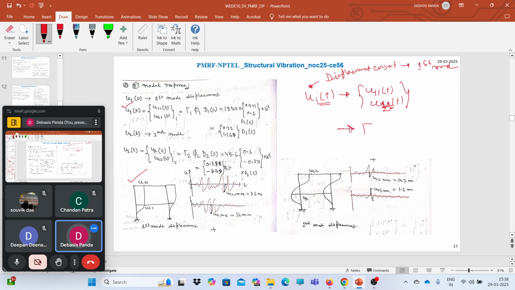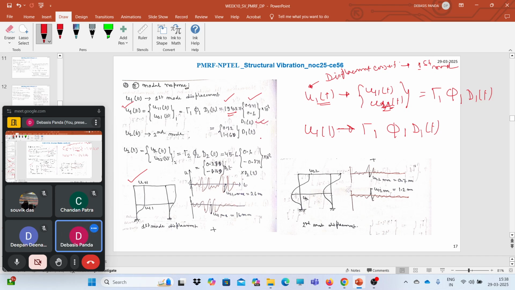What will that be? The participation factor multiplied by phi 1 into d1 of t. Because we already know that u1 of t is nothing but the participation factor for this particular mode into the mode shape into d1 of t, the response. Here we have the participation factor for the first mode, which comes as 194.2, we have the mass normalized mode shape, and we have the value of d1 of t.